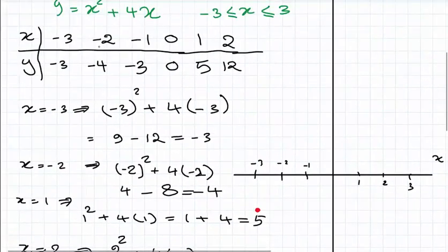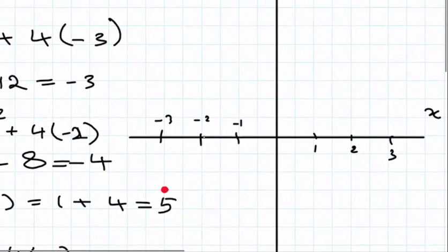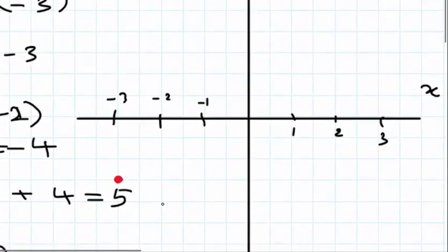The second point is -2, -4. -2 in x is here. -4 in y is right here. So this is the point -2, -4. Then we have -1, -3.